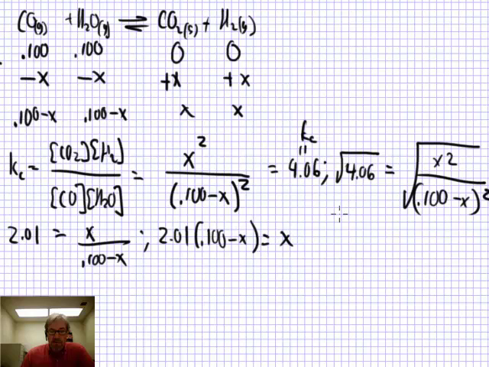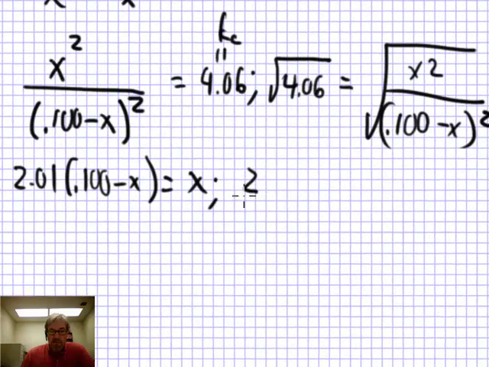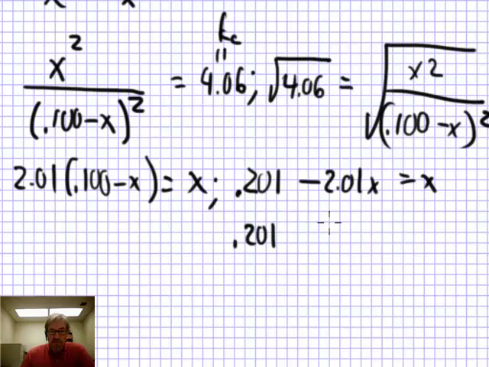And if I distribute that, I get 0.201 minus 2.01 times x is equal to x, which means that 0.201 is equal to 3.01 times x, and if I divide both sides by 3.01, I find that x is equal to 0.0668.